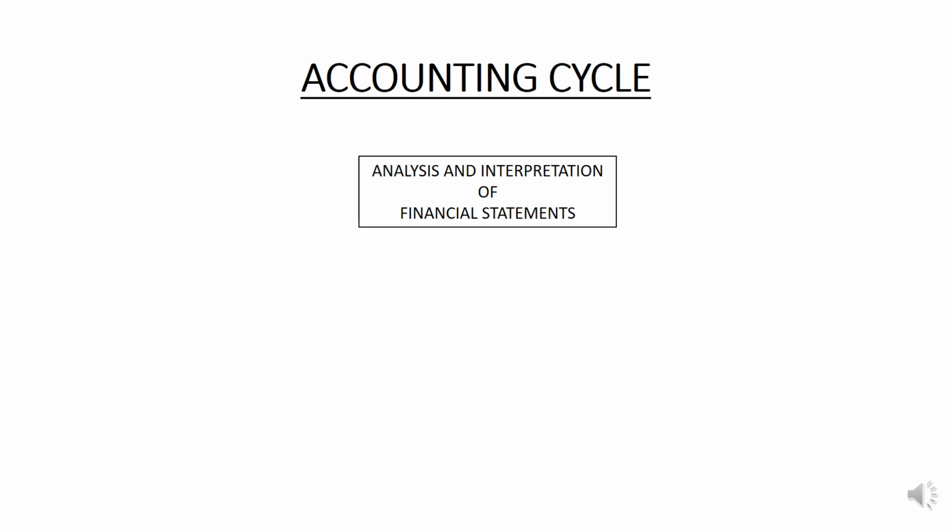Then they would also like to see the ratio between your assets and your liabilities. That is why, for the purpose of this lesson, I will just mention a few ratios or financial indicators so that we understand the importance of the analysis and interpretation of financial statements. The first one is solvency and liquidity.